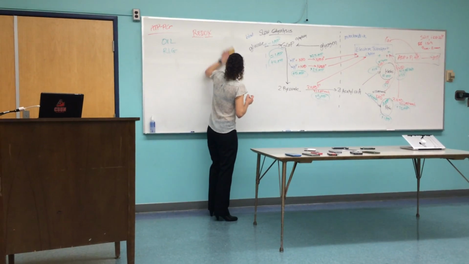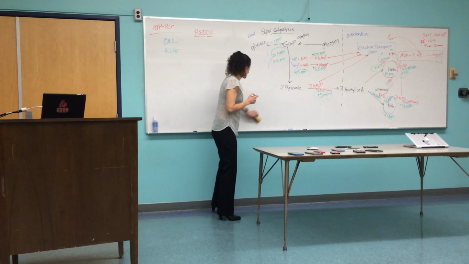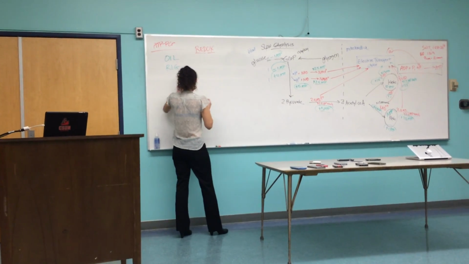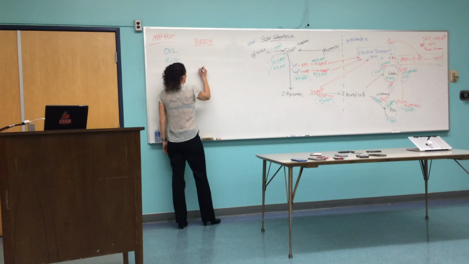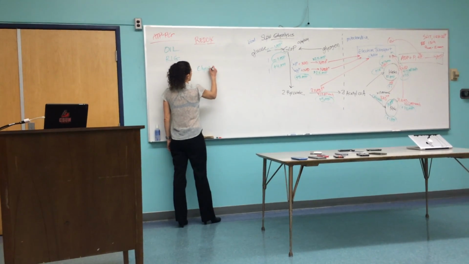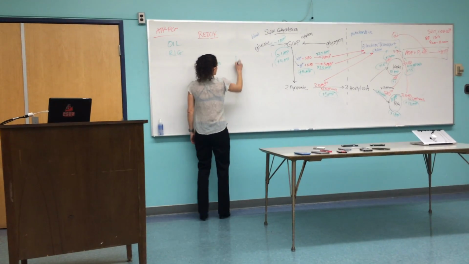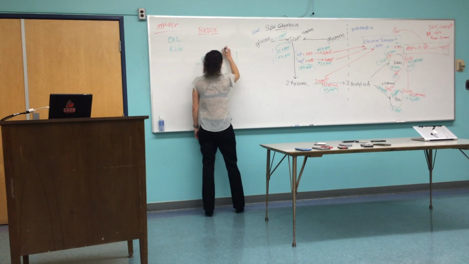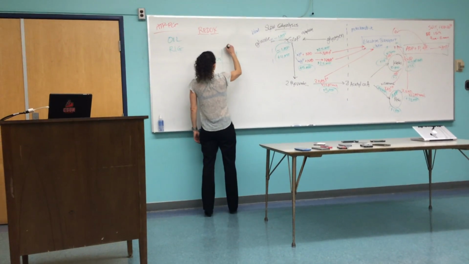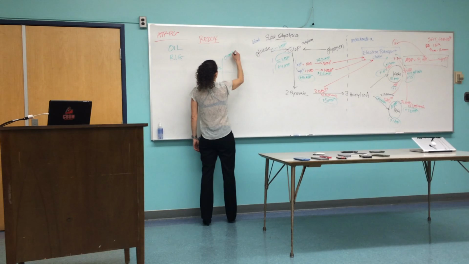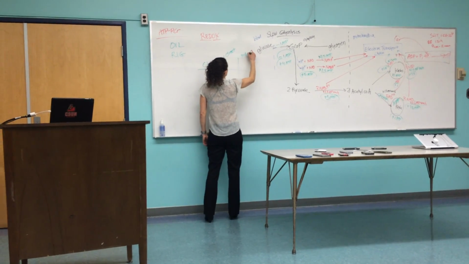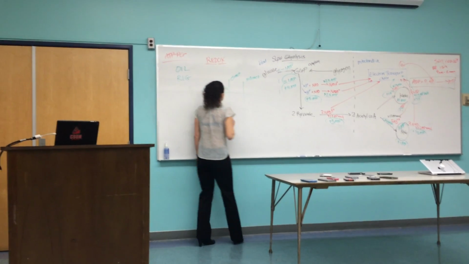There's also a table you can draw, which is in your slides and in your book, where you take the process of glycolysis and make a table out of it, with direct ATP and indirect ATP.